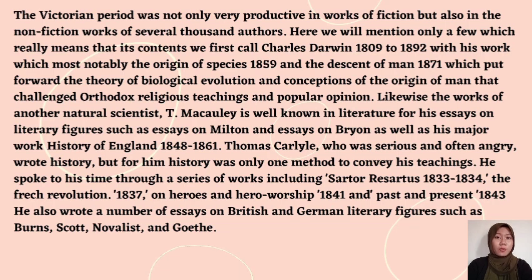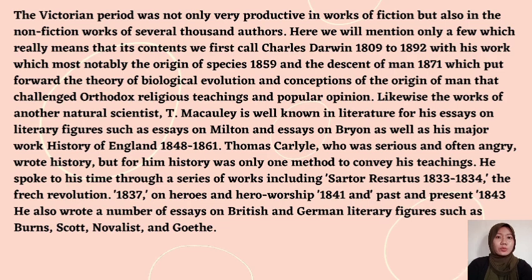Like with the works of another natural scientist, Macaulay is well known in literature for his essays on literary figures such as the essay on Milton and essays on Byron, as well as his major work History of England 1848 to 1861.